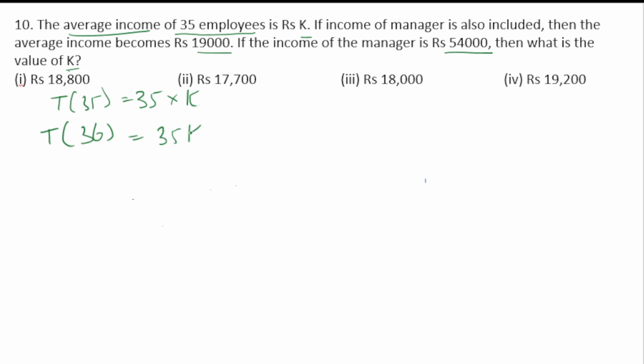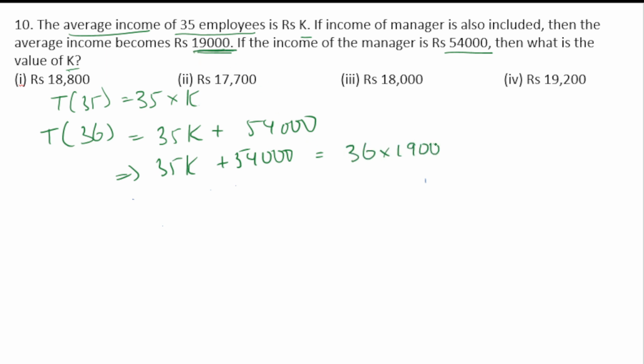It is 35K plus 54,000. But the average is given as 19,000. So we will equate 35K plus 54,000 is equal to the total income of these 36 people. It is 36 into 19,000. See, 19,000 is the new average and the total number of people is 36. So if you simplify, you'll get the K value here, or you can do this in another way.